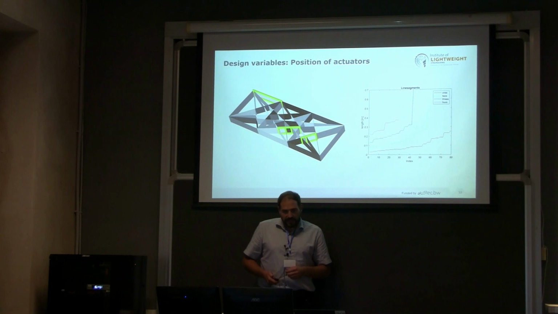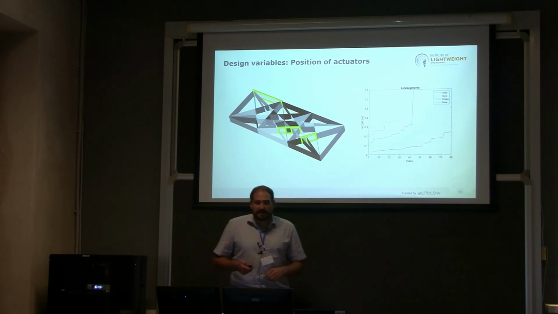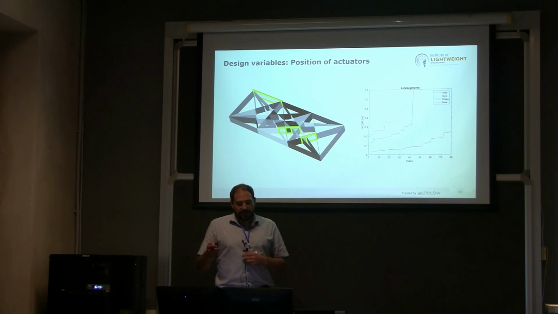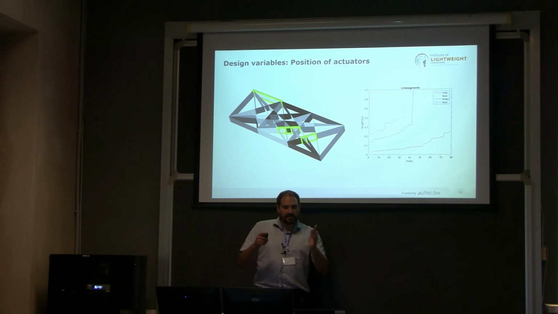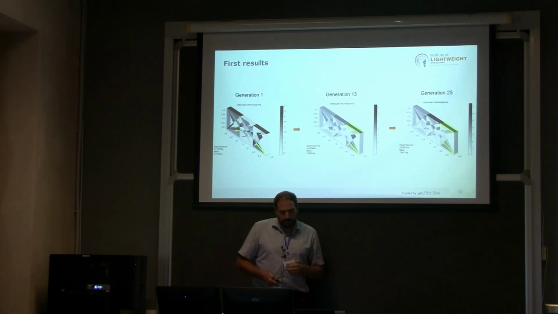And also the actuators have a minimum and maximum length that you can define before starting the algorithm. So the actuator is not dependent on the ground structure that has shorter elements or longer elements. And yeah, these are my first results.